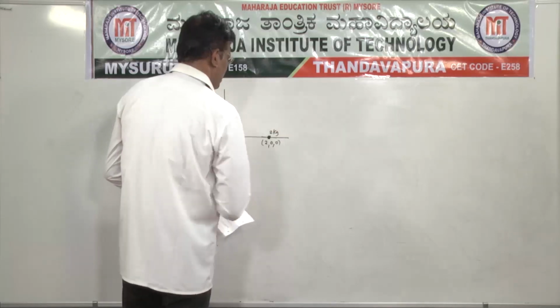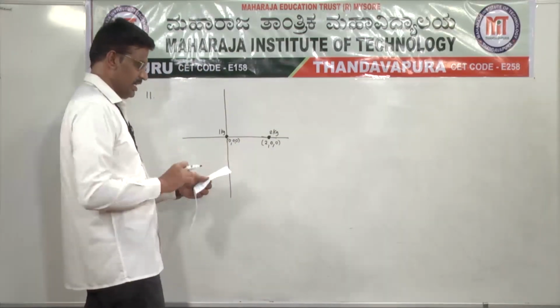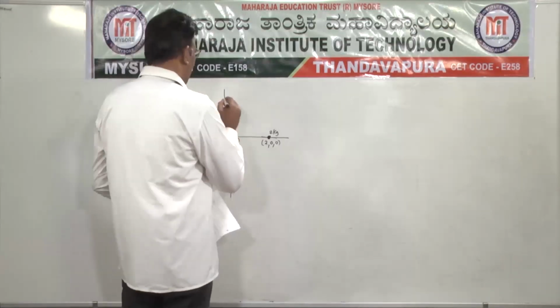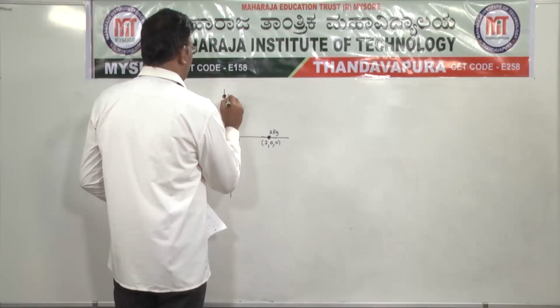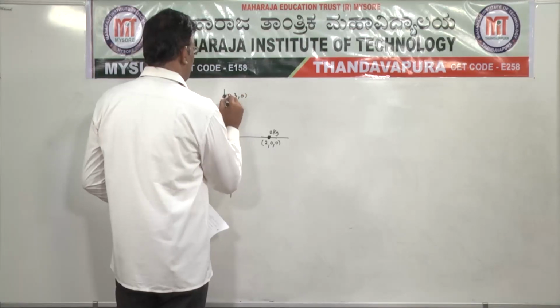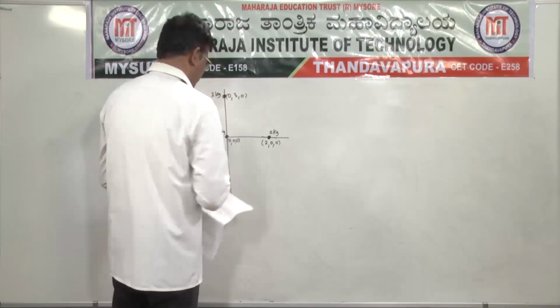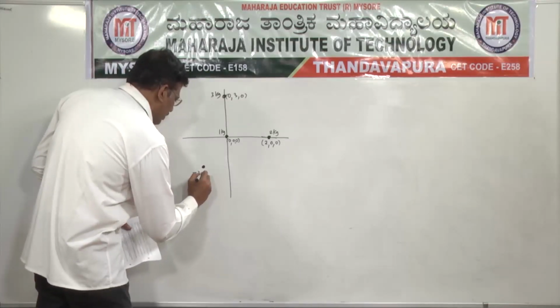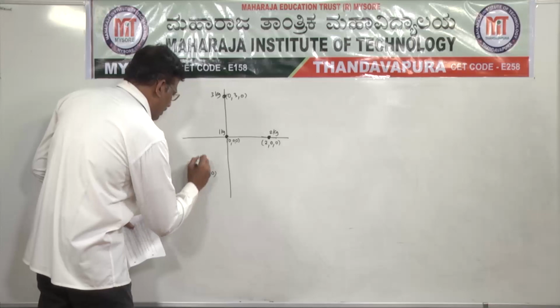And 3 kg mass is on the y-axis, so (0, 3, 0), it is the 3 kg mass. And 4 kg mass is at (0, -2, 0).